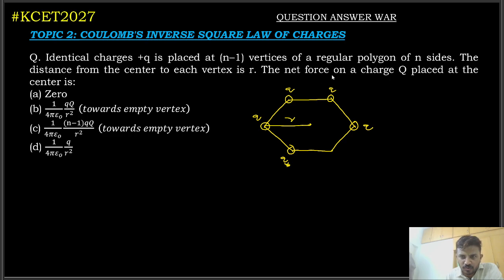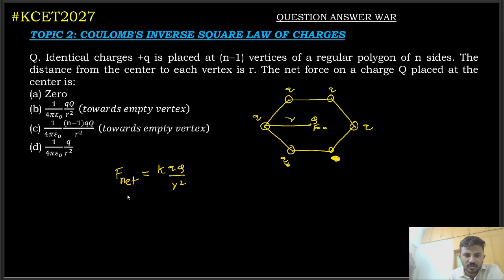The net force on the charge capital Q placed at the center is, see, we have stated that net force on the point charge placed at the center of the polygon, when similar charges are placed at all vertices, is 0. But here one of the vertices is missing, so therefore the net force becomes just K Q Q by R square, because one is missing.